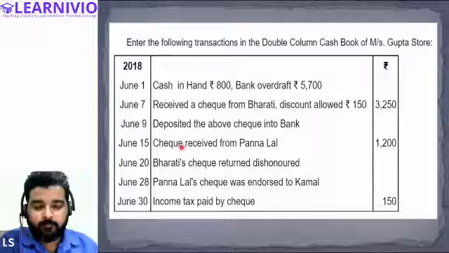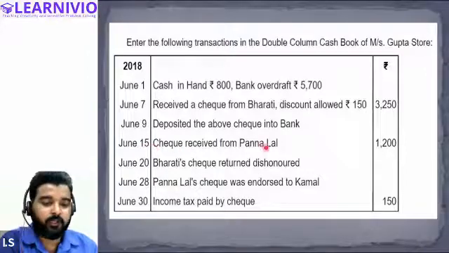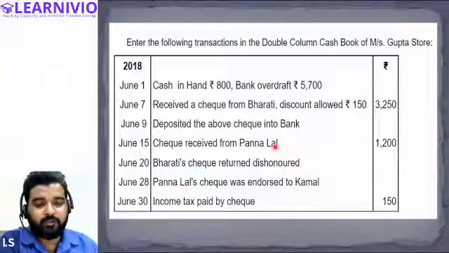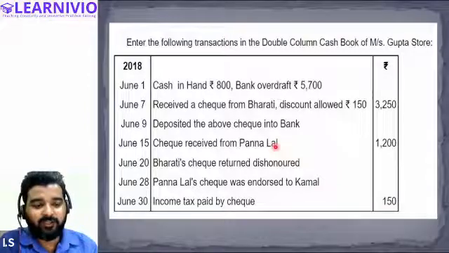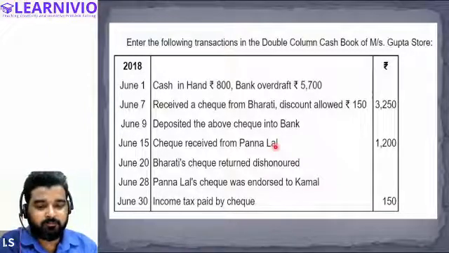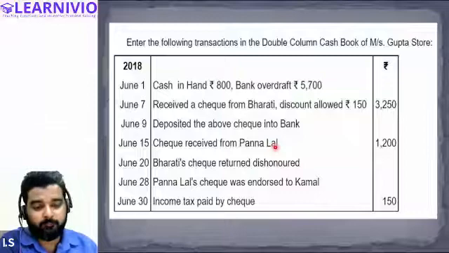No. In this case, on June 15, check received from Panna Lal, there is nothing mentioned, so we will presume that the check has just been received. It is not deposited into the bank. Unless and until it is clearly mentioned that the check was deposited into the bank, you will not pass any entry into the bank column.